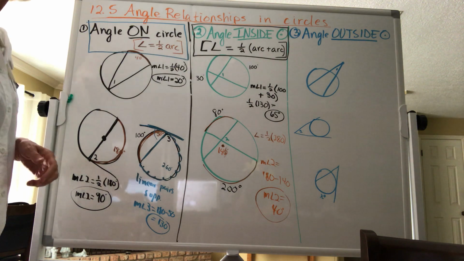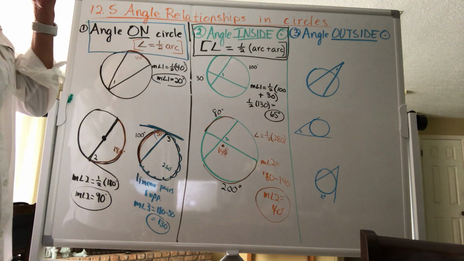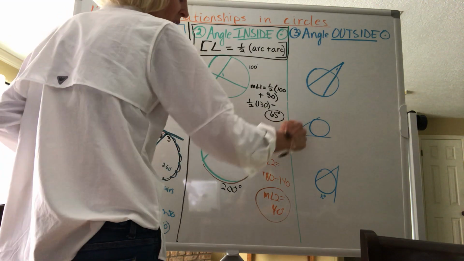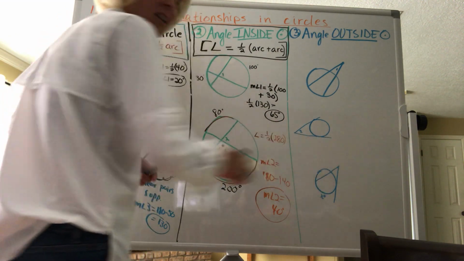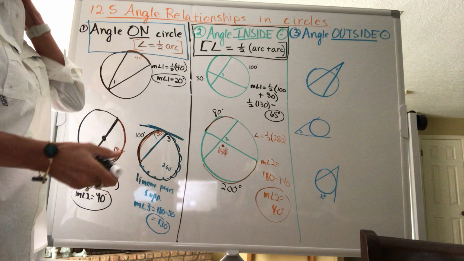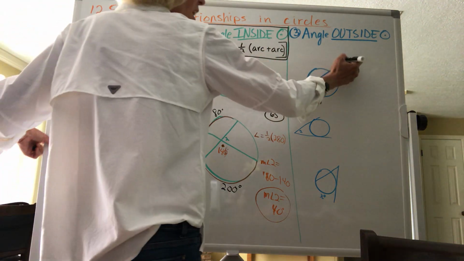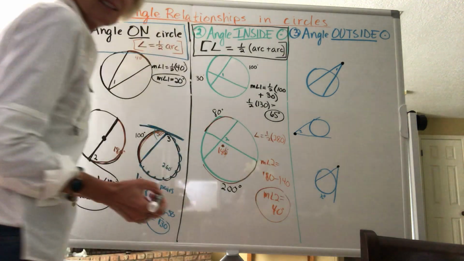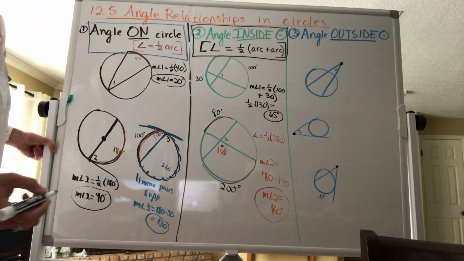Okay, so we only have one other possibility, and that way we don't have to worry about whether they're two secants that make it, or two tangents that make it, or one tangent and one secant that makes it. You're still looking at it and saying the angle has the vertex on the outside. So I like to think of it like this.